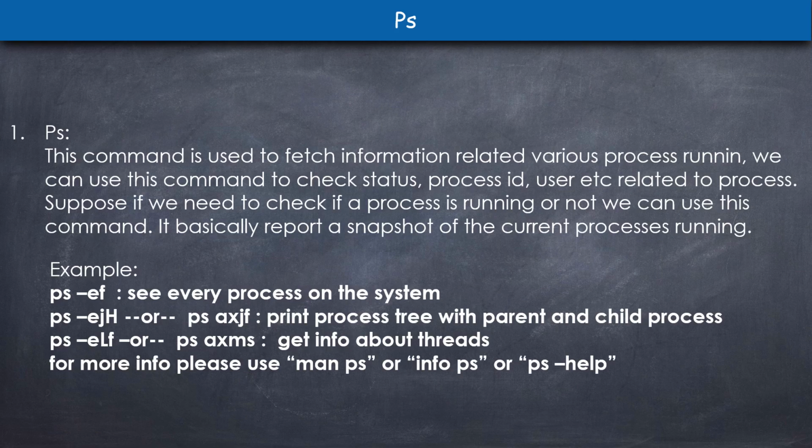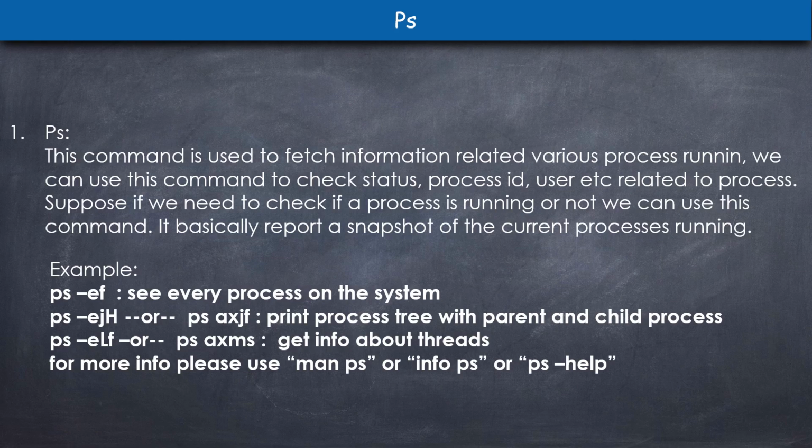Suppose I have started a Java process and I doubt that the process has stopped or been killed, and I want to see whether it is running or not. What I will do is ps -ef or ps aux and grep java. That will give all the processes that have Java in them, out of which we can see whether our process is running or not.